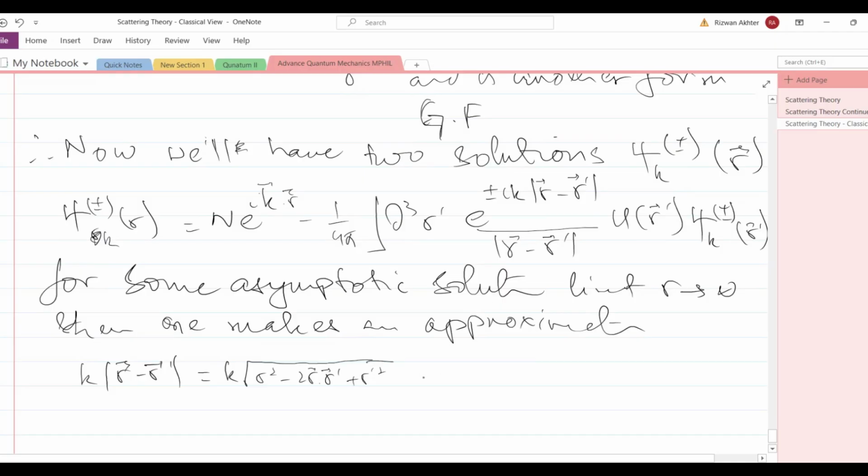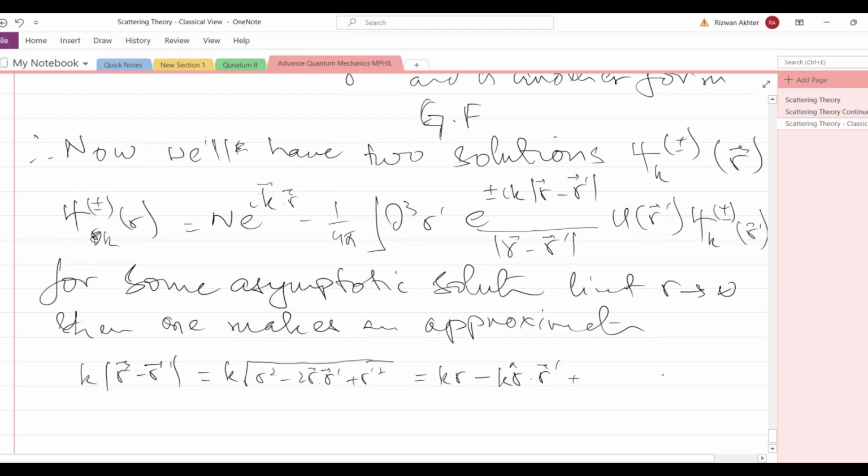And if I open this up, we would have kr minus k r cap dot r prime, where we normalize the vectors, that is, we normalize the r vector, and normalizing the r vector means k prime is equal to k into r cap.